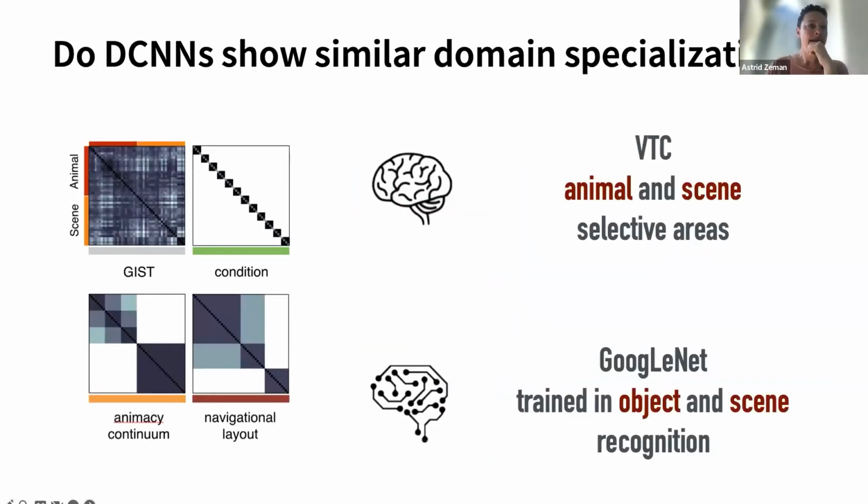Okay. And so the question is, do deep neural networks show similar domain specialization? We can analyze the fMRI data to look at animal and scene selective areas. And within GoogleNet, our DNN, we can look at whether we've trained it for objects or for scenes. Do they also have similar representational spaces?